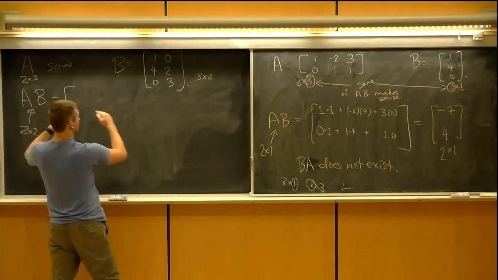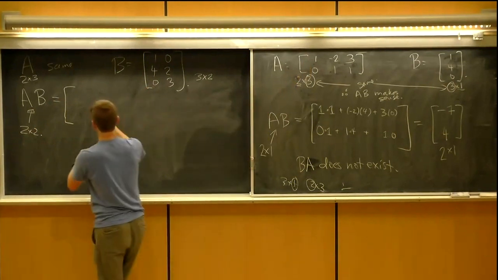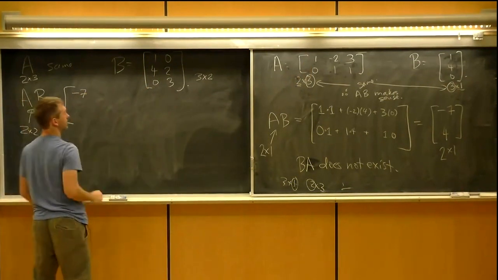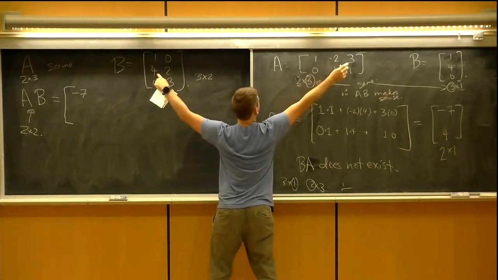So the first row of A times the first column of B will give me -7, right? That's this 1 times 1, -2 times 4, 3 times 0.